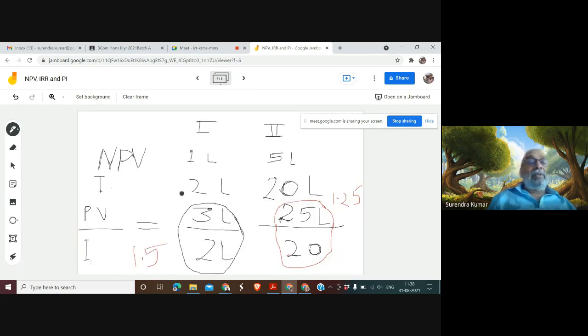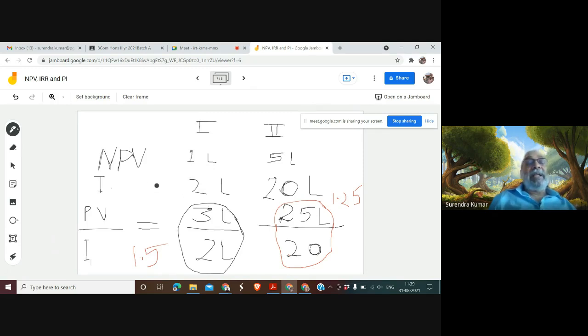Right? So this is how we are taking this ratio. There are different ways to take these ratios. This is one of the ways that I am showing you. Now this one way is present value over investment. Present value is not shown here, but we can compute it, because present value is nothing but net present value plus investment.